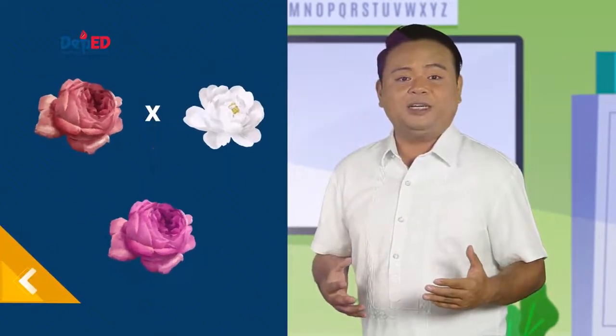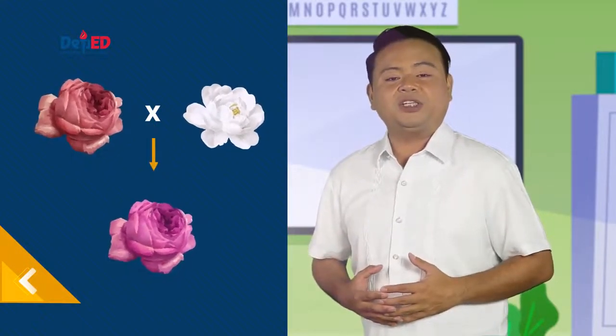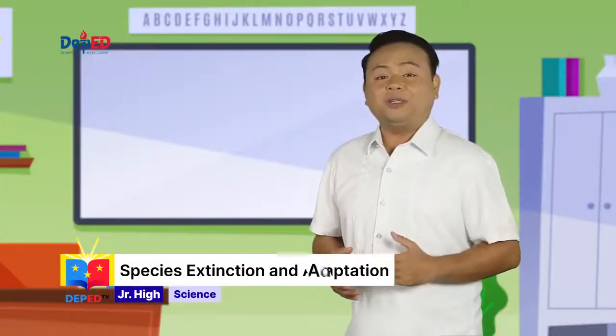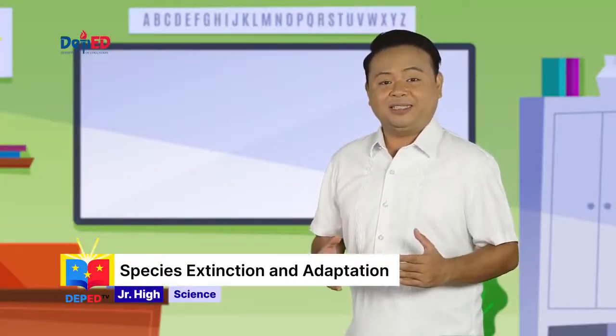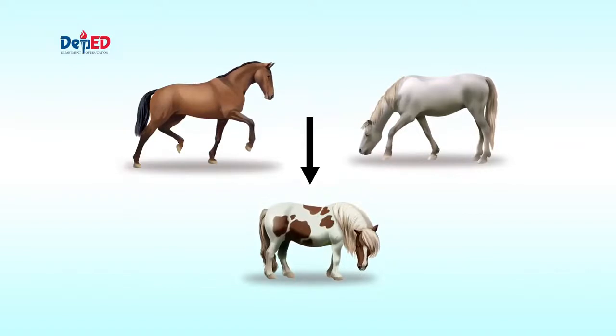Remember the red and white snapdragon flower, where the offspring's color becomes pink, where it gave us a phenotypic ratio of 1:2:1.